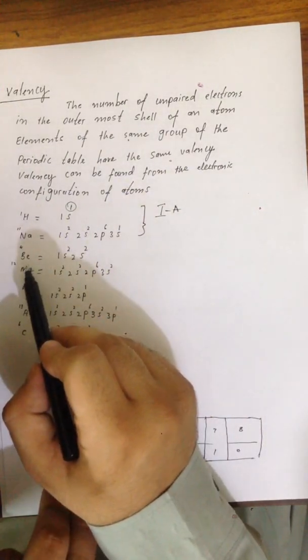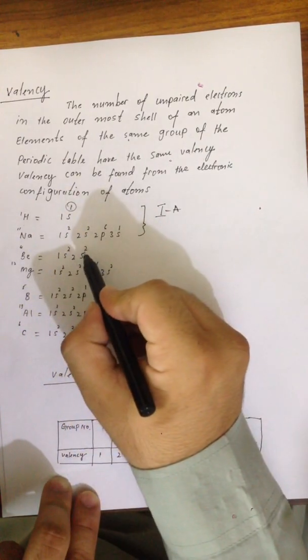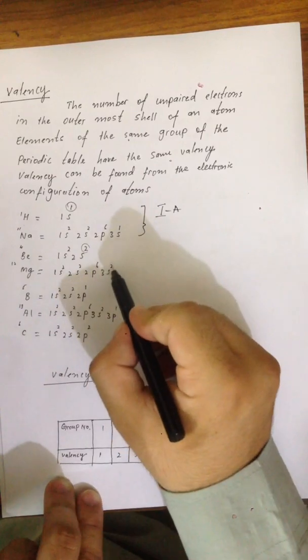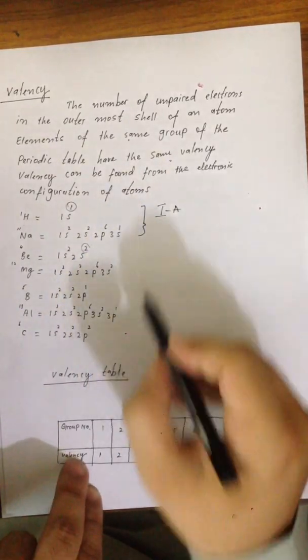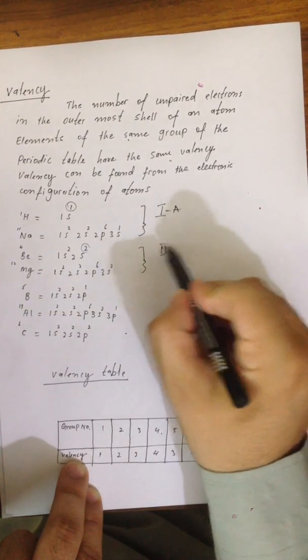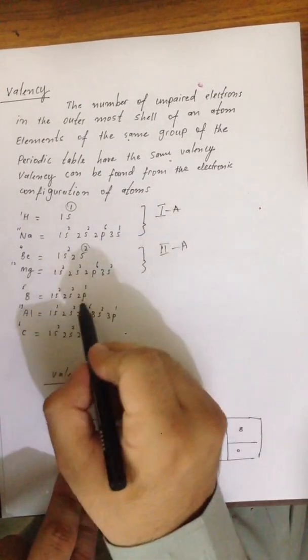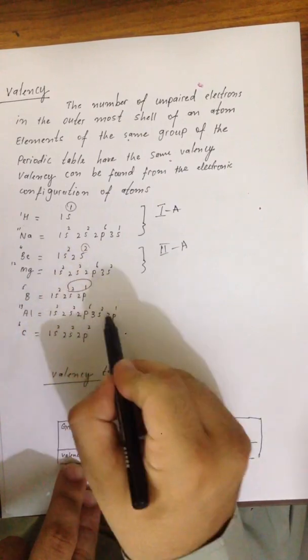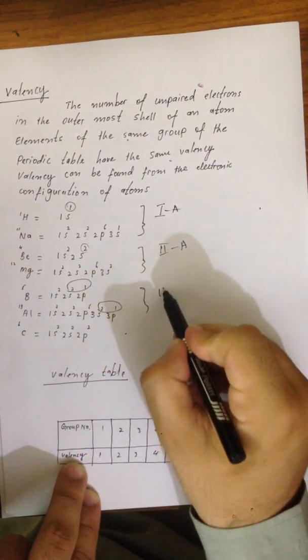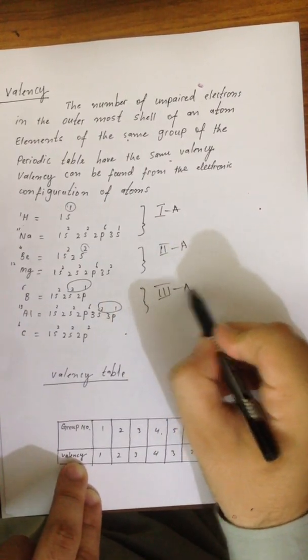In beryllium, you have 2 electrons. In magnesium, you have 2 electrons in the outermost shell. So they belong to group 2A. Here we have 3 electrons in the outermost shell, so this belongs to group 3A.